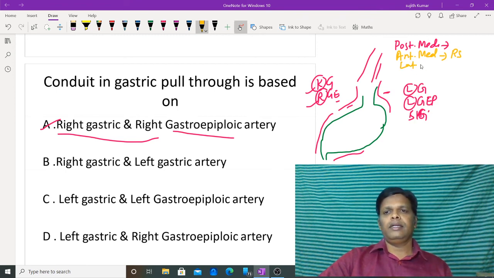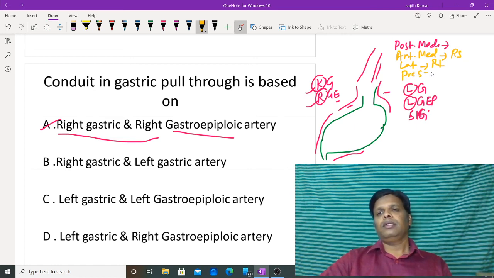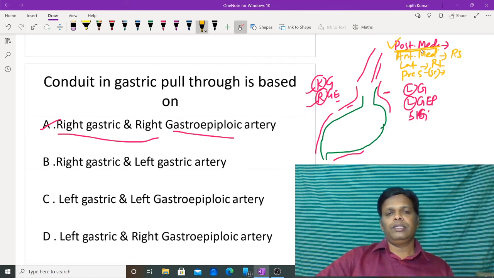You can take it laterally also, lateral to the root of the lung, or you can take it pre-sternal, that is, subcutaneous, and do the anastomosis. But the commonest and shortest route is the posterior mediastinum.